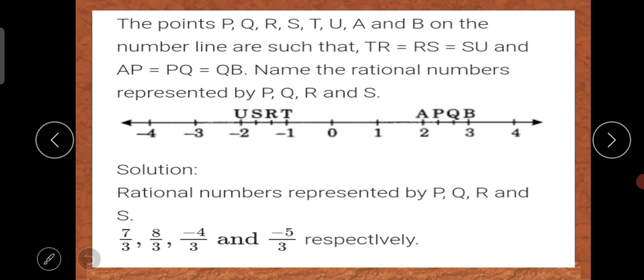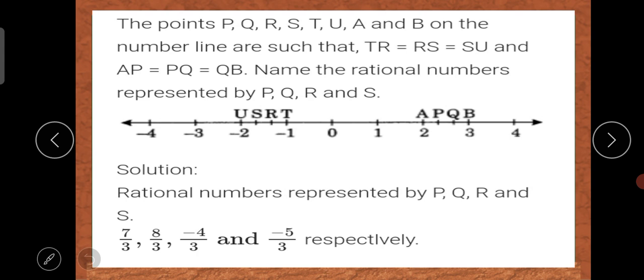Name the rational numbers represented by P, Q, R and S. So here these alphabets are shown on the number line, and on both sides we can see positive and negative integers. The names given here are A, P, Q, B and here U, S, R, T. We have to find which rational number is represented by P, Q, R and S.